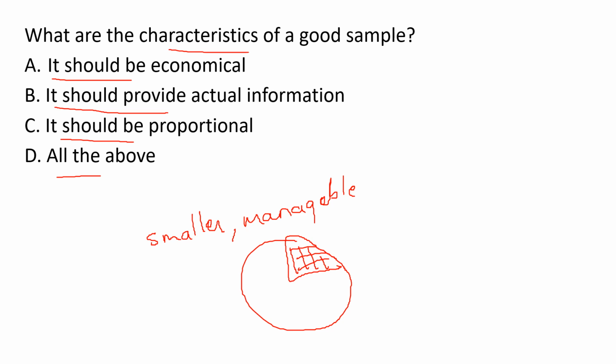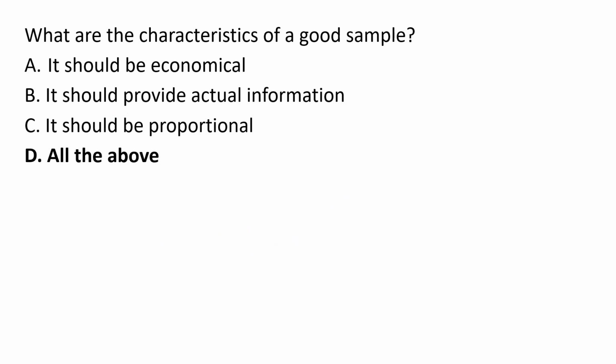A sample should represent the whole population and not reflect bias towards a specific attribute. So whenever we are going to select the sample, we have to select a sample which will not be biased, okay, and should provide actual or accurate information. So the answer for this question will be option number D, that is all of the above.